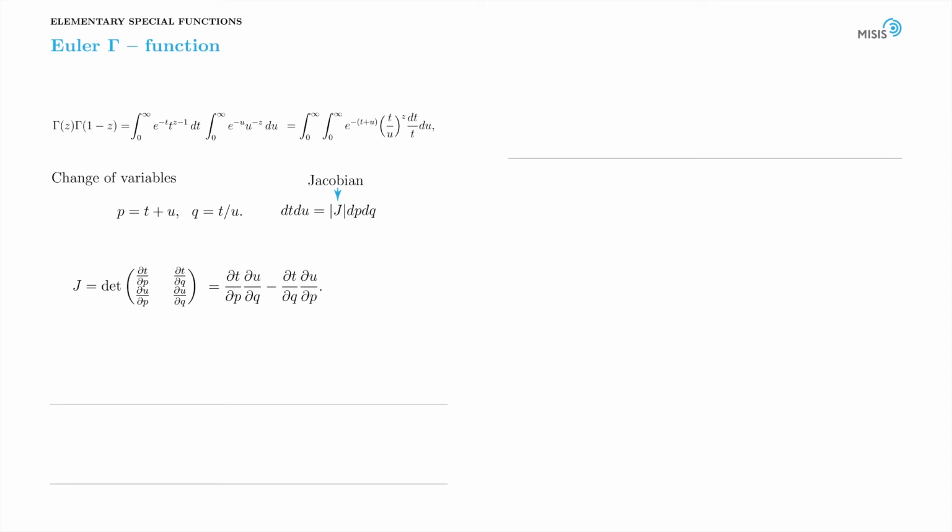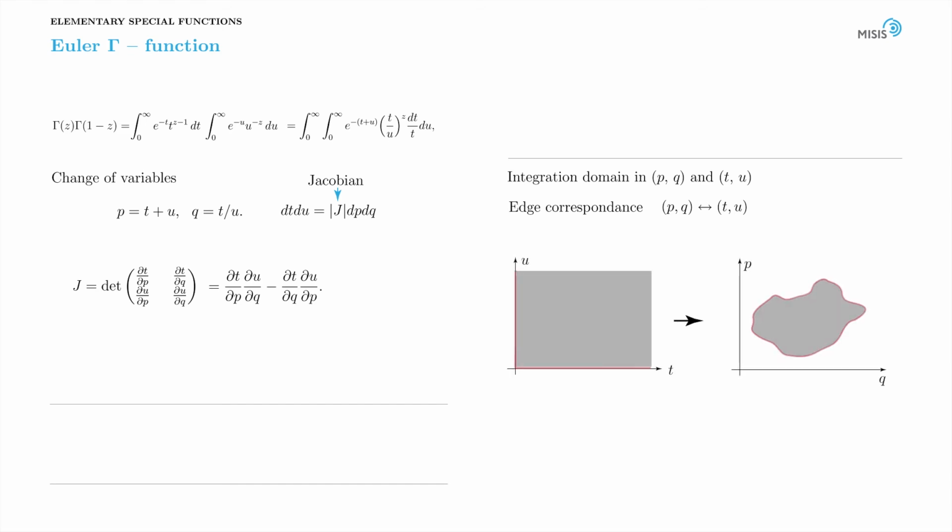So let's do it. Next, we need to understand how the mapping tu to pq transforms the integration domain. For this, we explore the edge correspondence. First, we consider the vertical edge. It's given by the equation t is equal to 0 and q running from 0 to plus infinity.